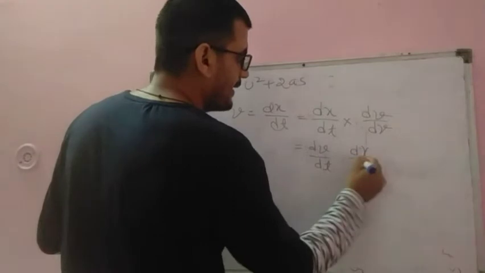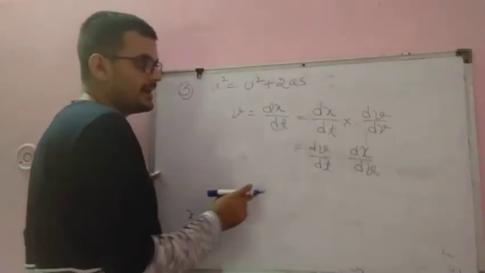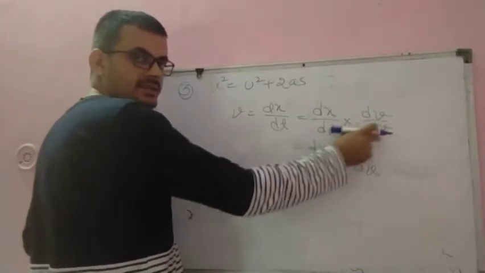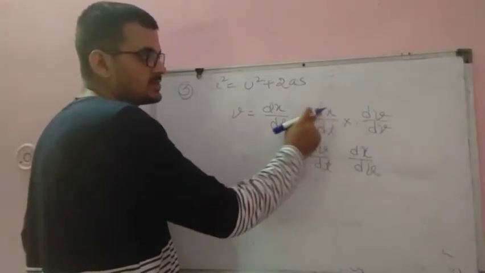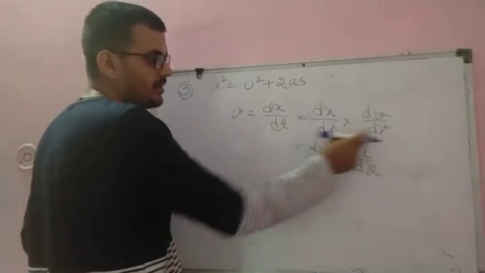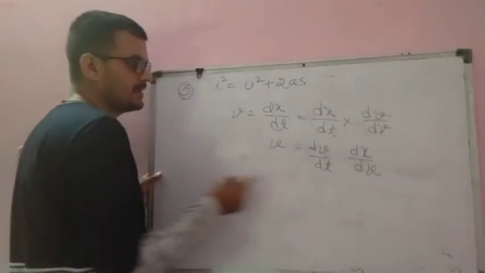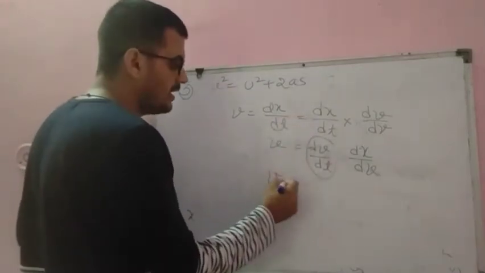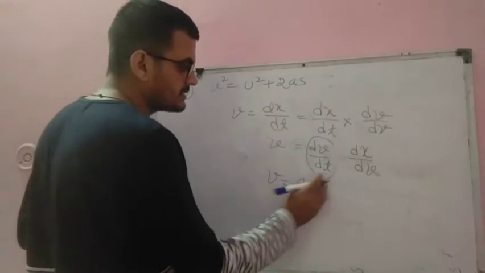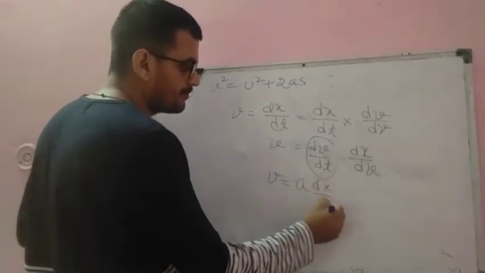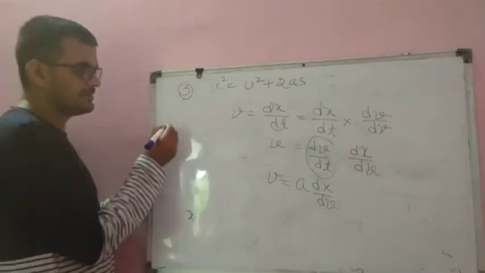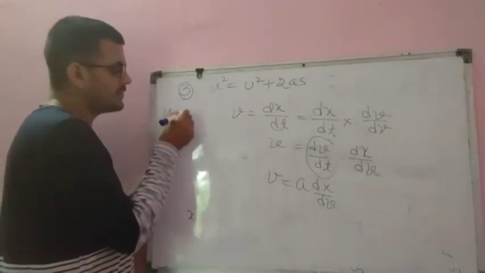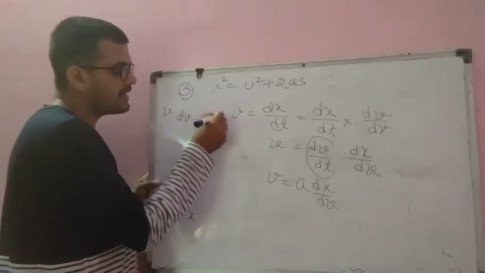I have rearranged, interchanging both. So dx over dv and dv over dt; v equals dx over dv. dv over dt, change in velocity with respect to time, is called acceleration. Now do the cross multiplication: v dv equal to a dx.